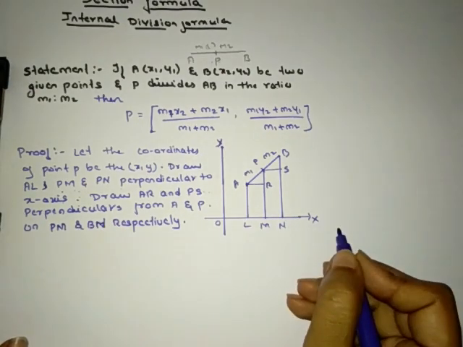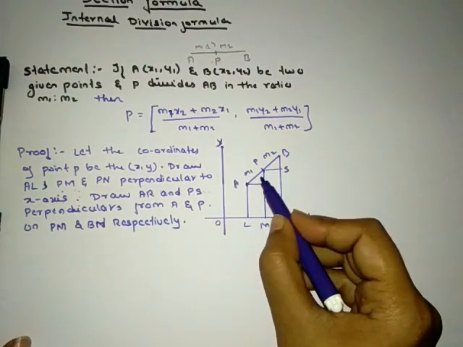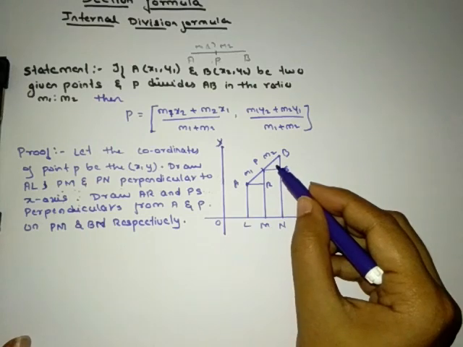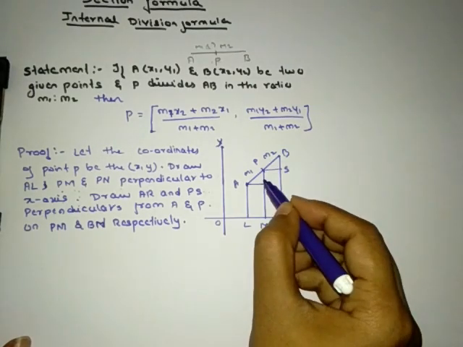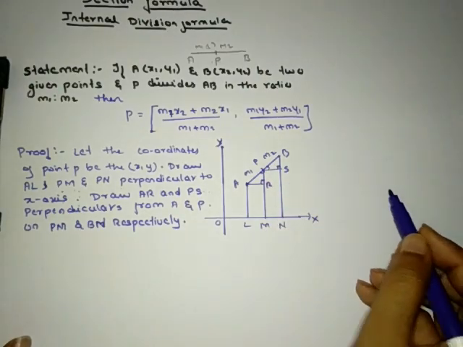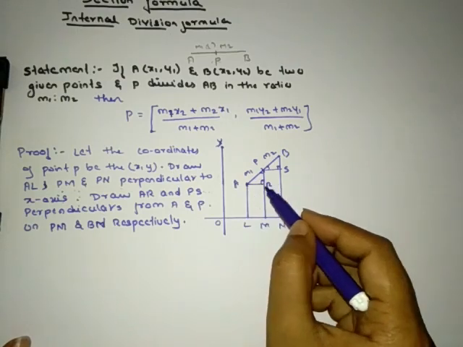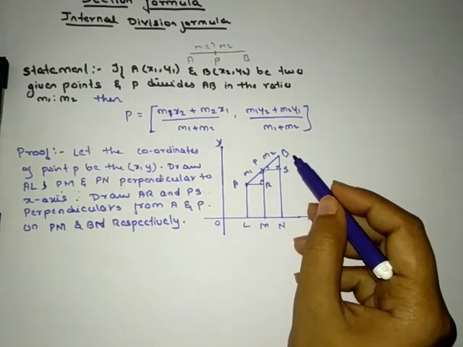After constructing, you can observe here that I have got two triangles. Now I can say that these two triangles are similar by the AA similarity criterion, okay? Because angle, angle, by these two angle criteria, I have got triangle ARP similar to triangle PSB.